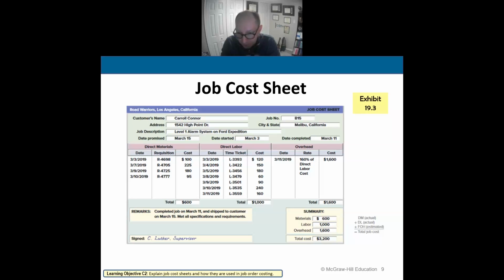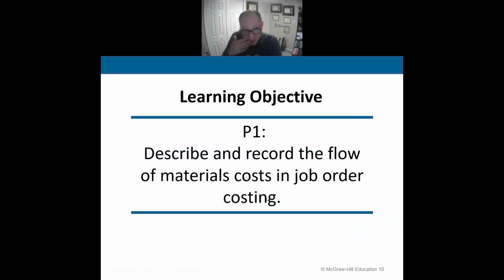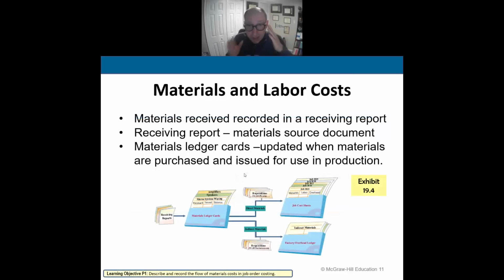Direct materials plus direct labor plus factory overhead estimate equals the total job cost. Job order cost sheets are super handy in tracking the cost for each job. That's how I know how much to bill my customer. Yeah?